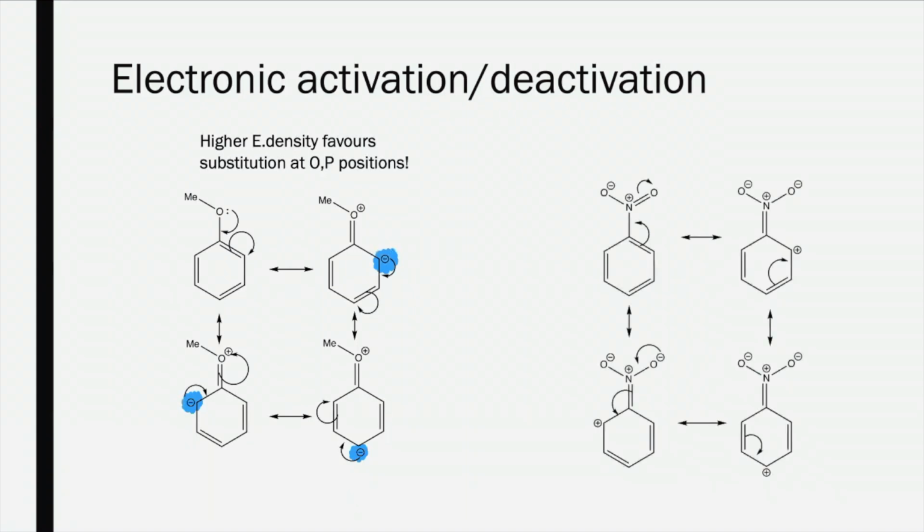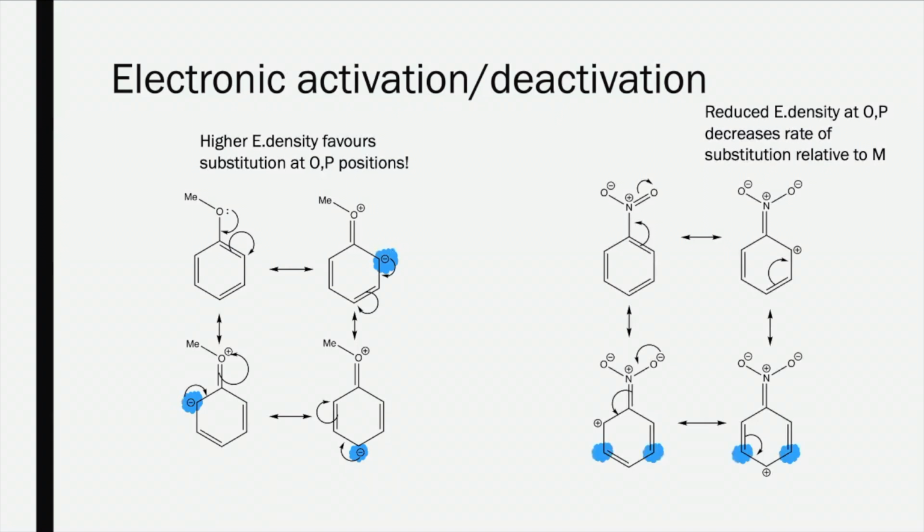On the flip side, groups withdrawing electron density from an aromatic system decrease electron density at the ortho-para positions, and so substitution at meta positions is more favourable. These are deactivating groups. Deactivating groups decrease rates of reaction as they have less electron density relative to benzene. Reactions could proceed very slowly and with low yields.